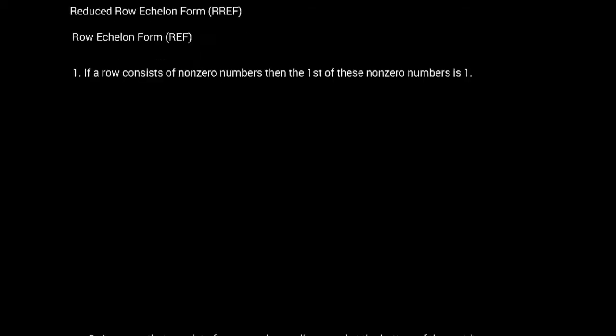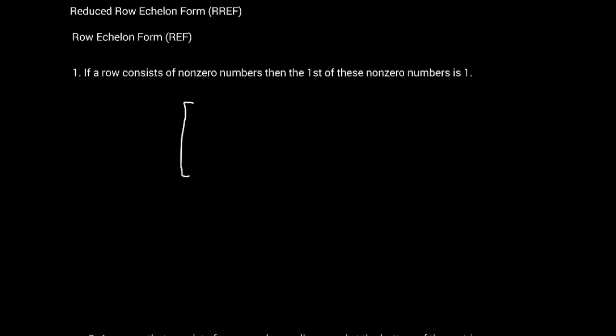So the first property: if a row consists of non-zero numbers, then the first of these non-zero numbers is 1. Let me show you what I mean by that. So here we have any matrix. If a row consists of non-zero numbers, then the first of these non-zero numbers is 1.